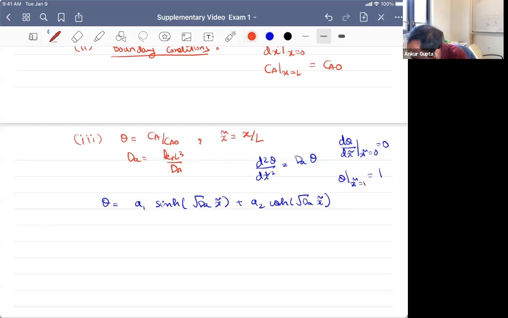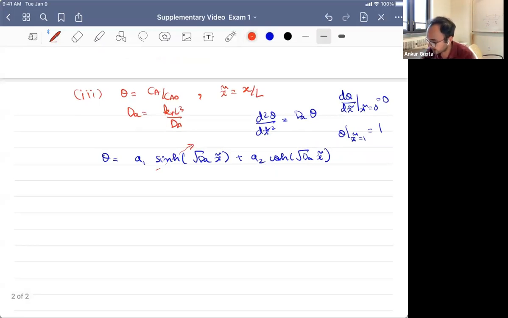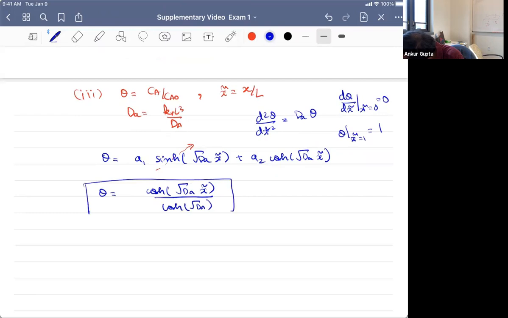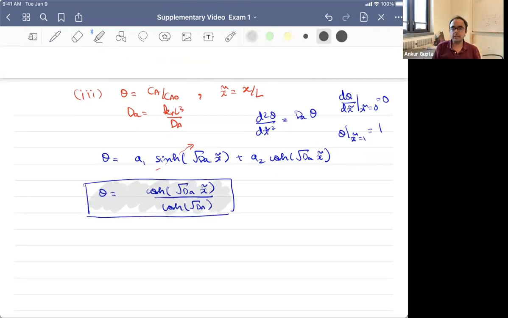If you do that, you will find that A1 comes out to be 0, and you'll get a value for A2, and you will get theta is cosh of root Da x tilde divided by cosh of square root of Da. Okay. So this is the concentration profile we get.